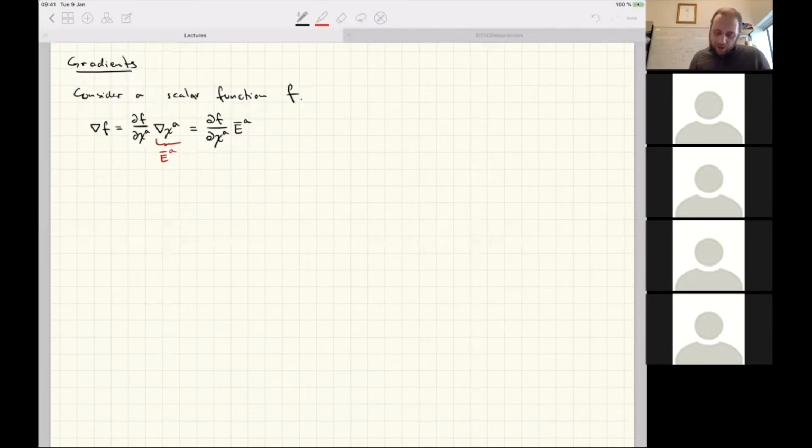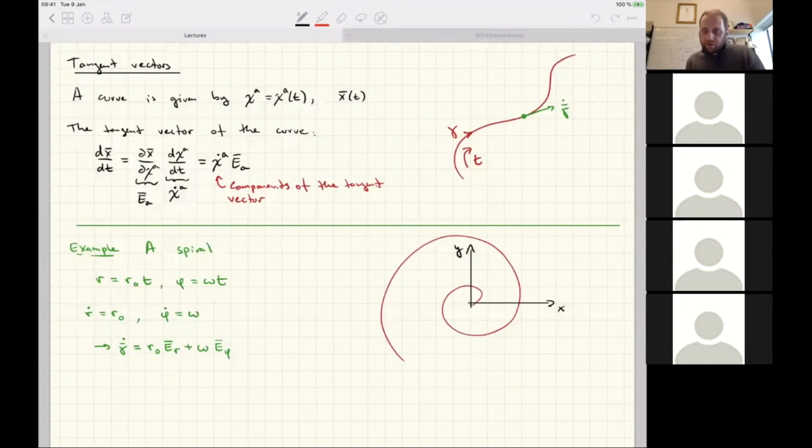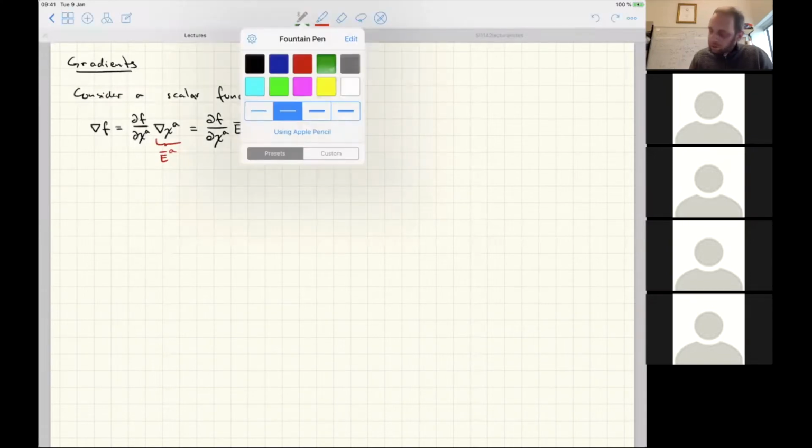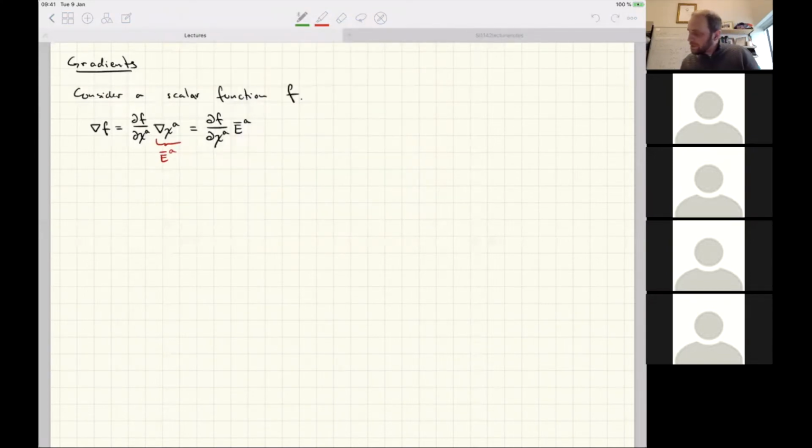So whereas tangent vectors were naturally described using the tangent vector basis, gradients are instead naturally described using this dual basis. And this is going to be important later on when we go to different spaces.